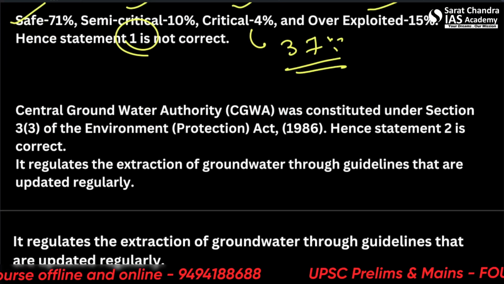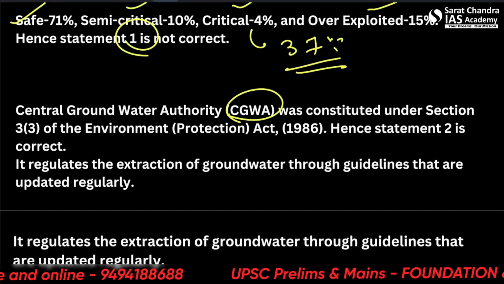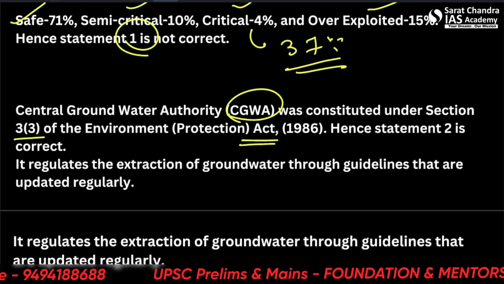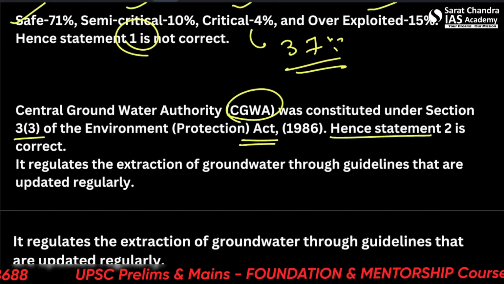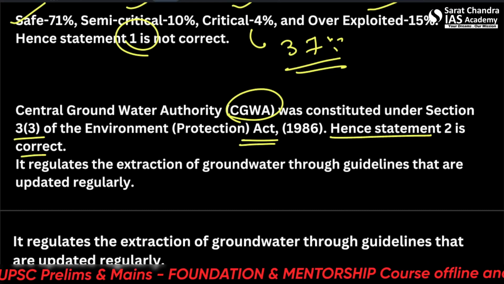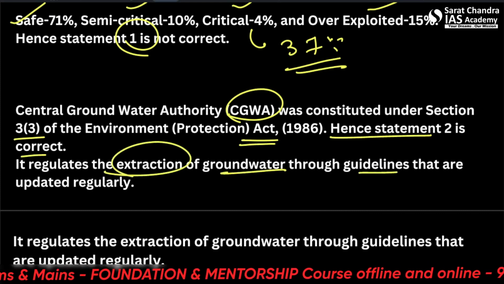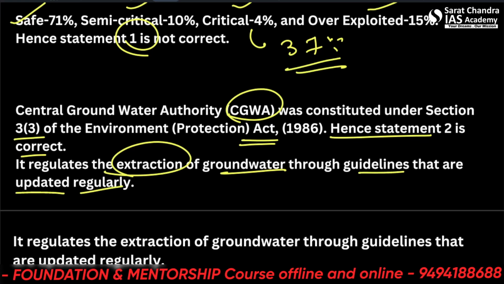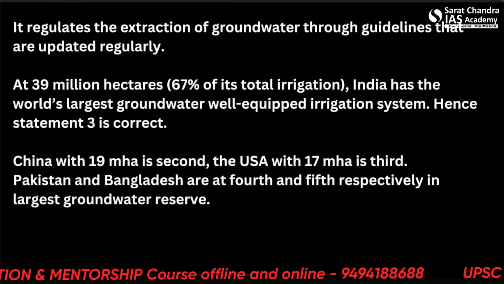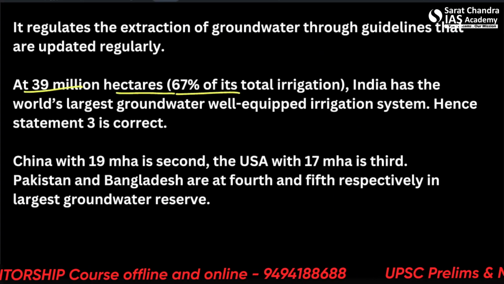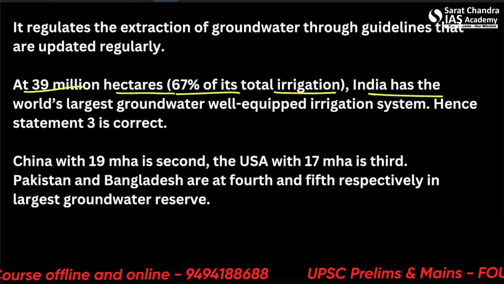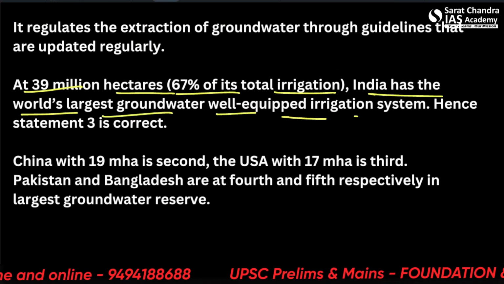Okay. CGWA was constituted under Section 3 of the Environment Protection Act. So it's a non-constitutional body. Statement 2 is correct. It regulates the extraction of groundwater through guidelines that are updated regularly. And the third thing is 39 million hectares, 67% of total irrigation. India has the world's largest groundwater well-equipped irrigation system.